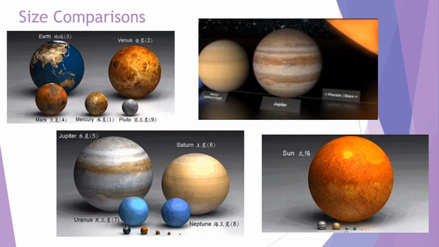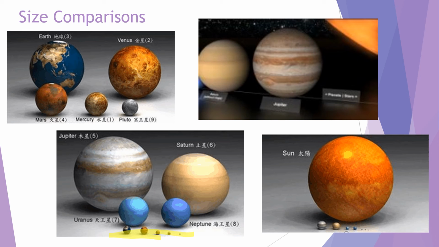Then if you look down here, we see the outer planets: Jupiter, Saturn, Uranus, and Neptune, Jupiter being the biggest of the outer planets. Looking down in this area, now you're seeing all of the planets together. Down here is Earth, Venus, Mars, Mercury, Pluto.